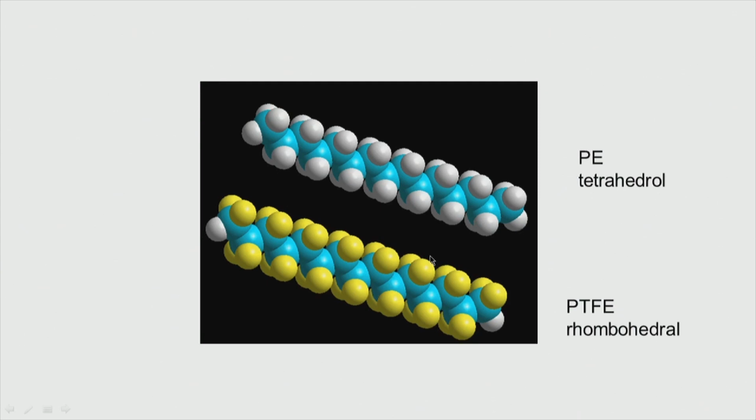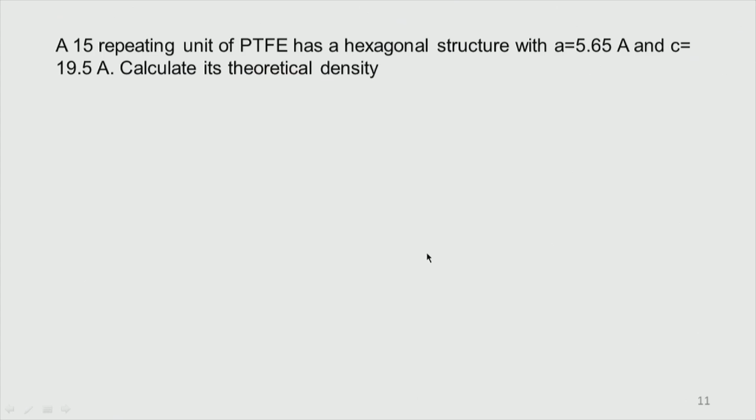So, these are fluorine atoms. Okay. A 15 repeat unit of PTFE has a hexagonal structure with A, that is the side of the hexagon, 5.65 angstroms, and C, that is the height of the hexagonal structure, 19.5. Calculate its theoretical density.